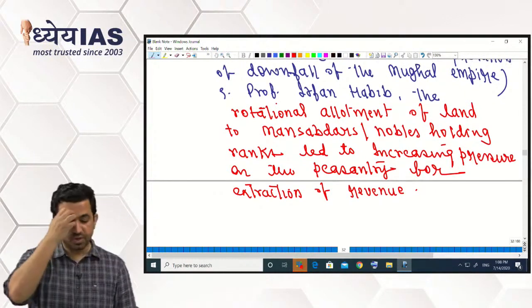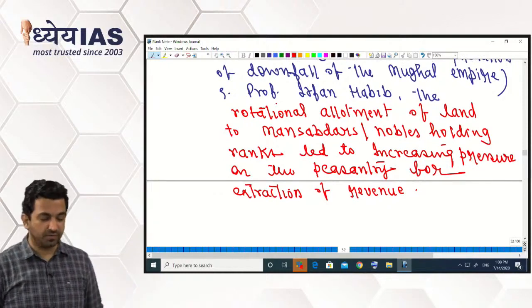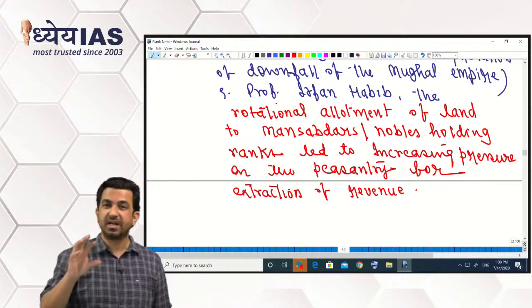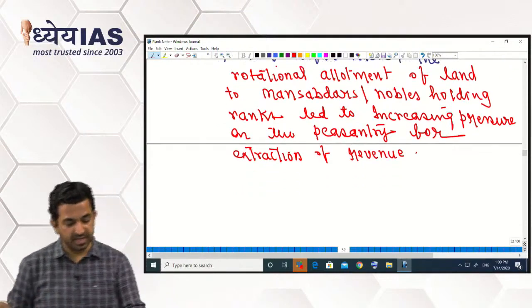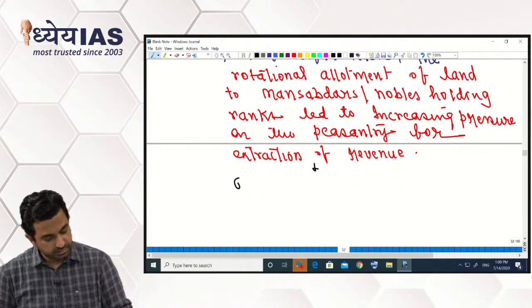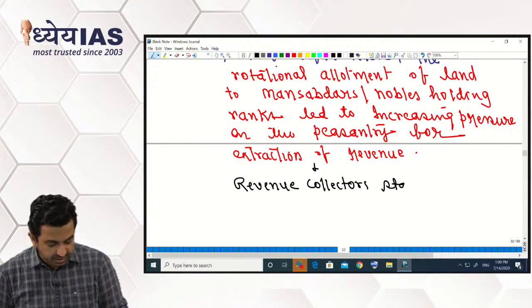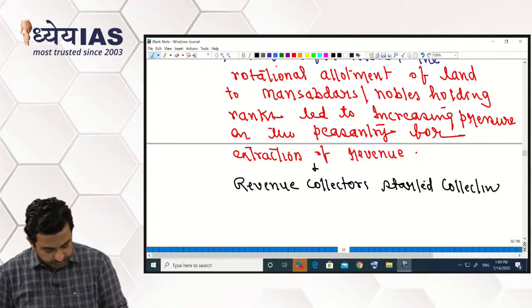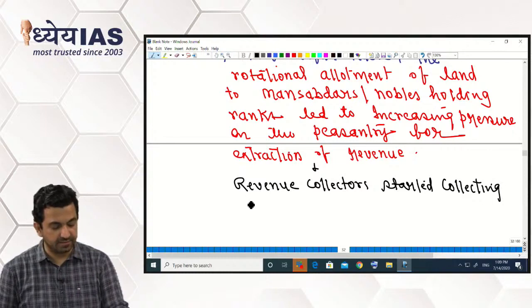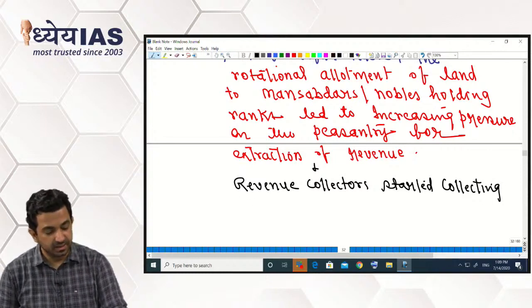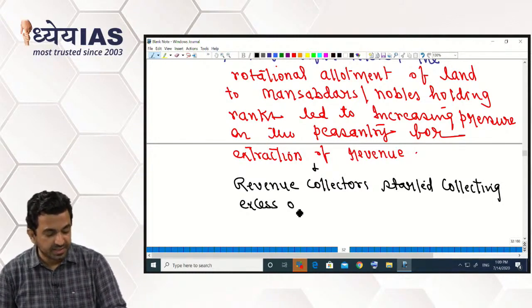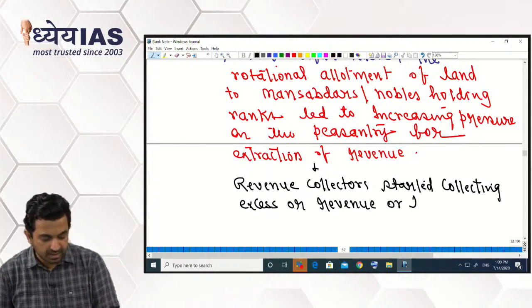Okay, so this was the reason for the downfall of the Mughal Empire, because revenue collectors started collecting excess of revenue or lagan.